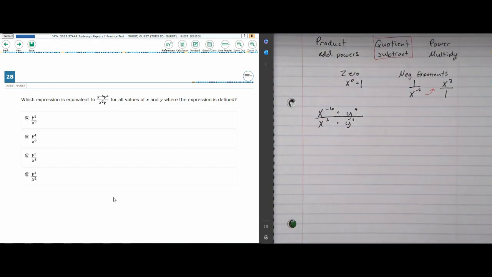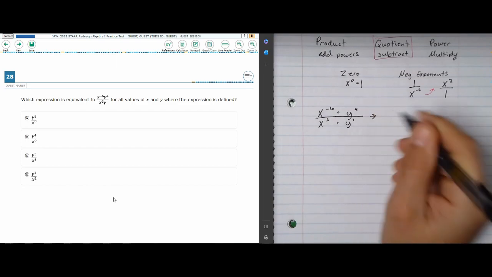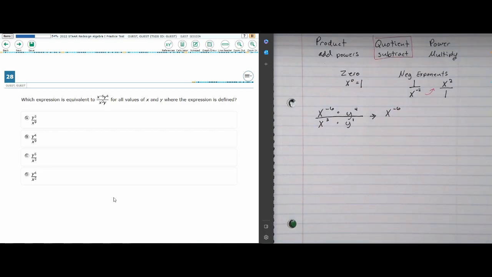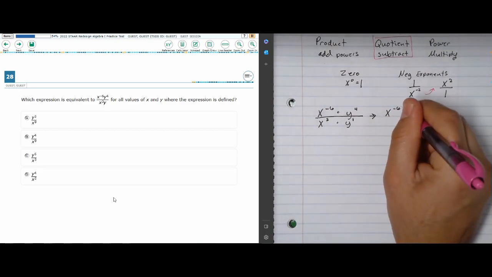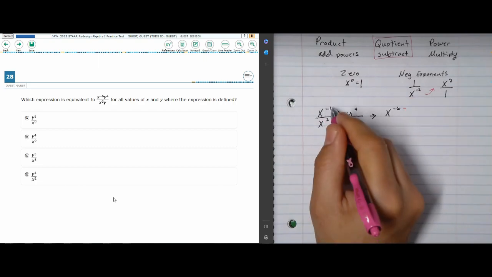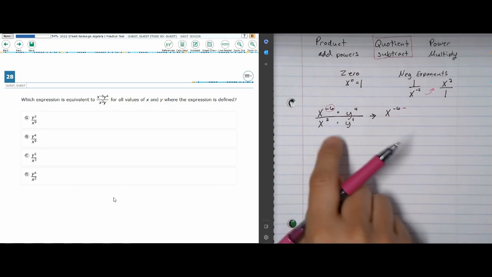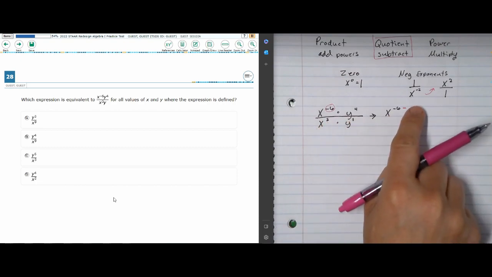So I'm going to rewrite this real quick. Over here to the right, I'm going to rewrite this as x to the negative 6 power minus, because we're doing some subtraction. Now, remember, the numerator is the power that always goes first, and then the denominator is the power that goes second.